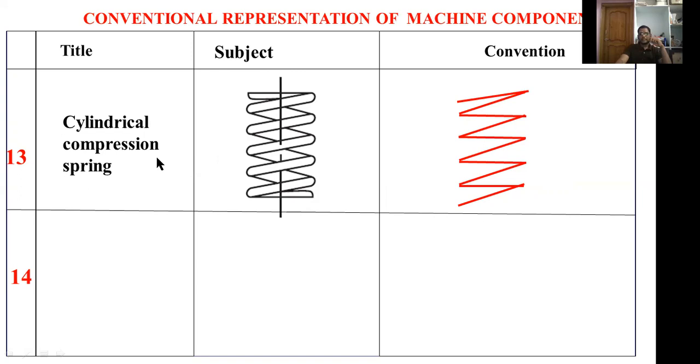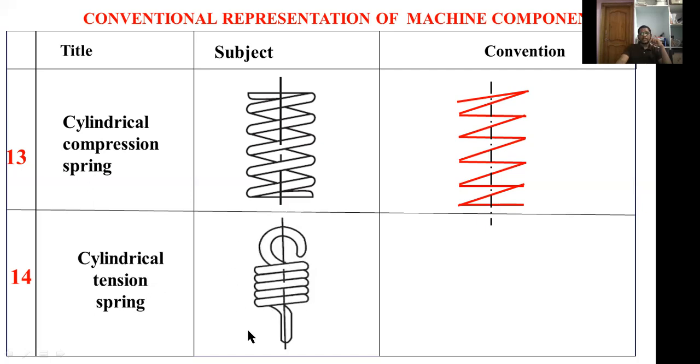In compression springs, there is a gap between two successive turns. This is the axis of the spring. Now how to represent a cylindrical tension spring?